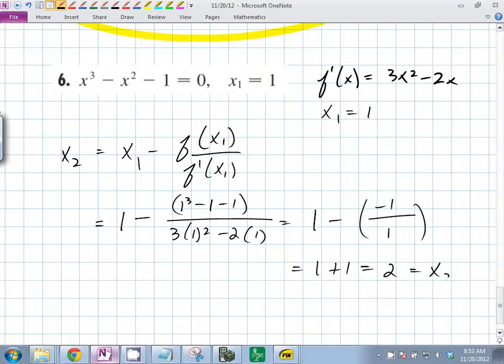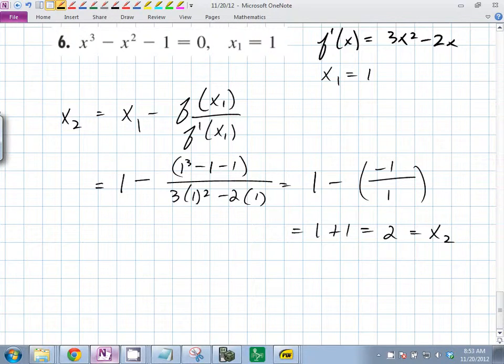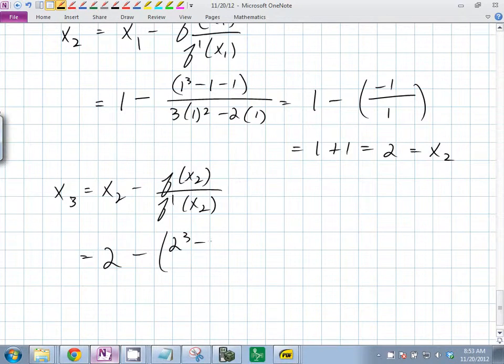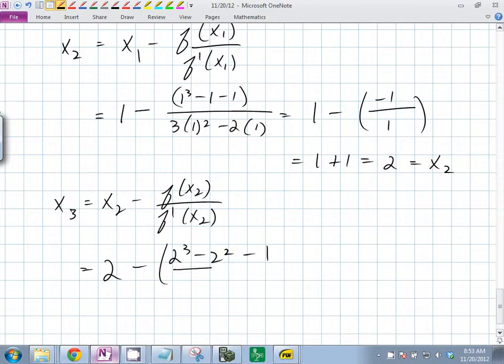What does x2 equal to? Sorry, x3. We want the next one. We have x2, so what's x3 equal? x2 minus f of x2 all over f prime of x2. You're going to do the same thing over and over again. So 2 minus 2 cubed minus 2 squared minus 1 all over, what was the derivative? 3x squared minus 2x.